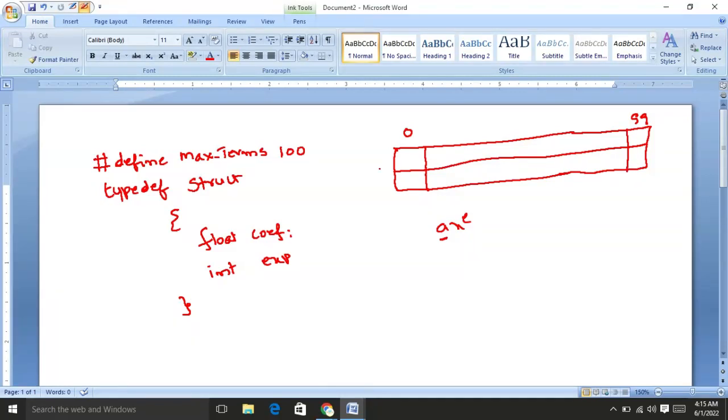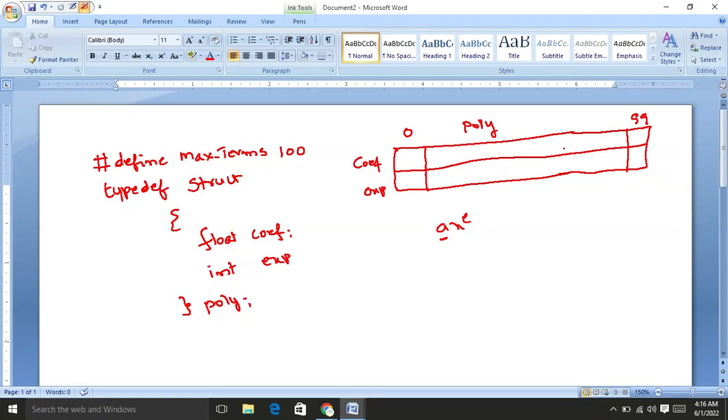So this is the structure of this one. Actually, this is the structure of this array. This is the coefficient, this is the exponent, and I name this one as poly. So with the name of poly, one array of 100 terms is created, right? This is the user defined data type.